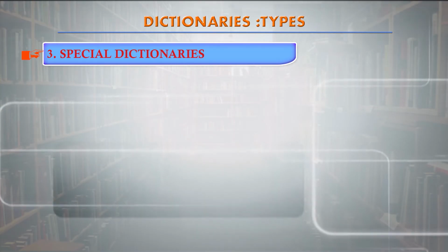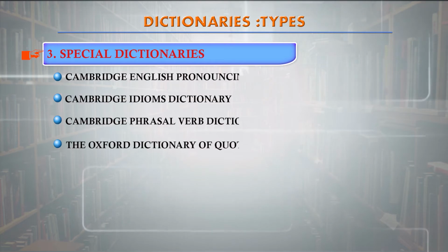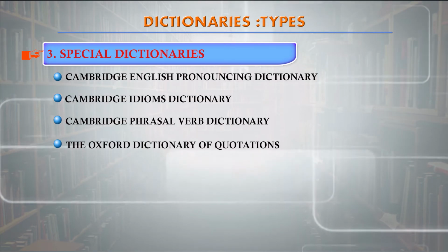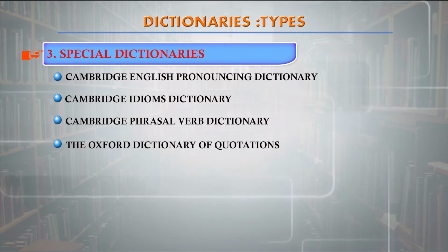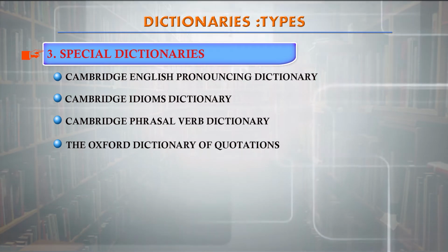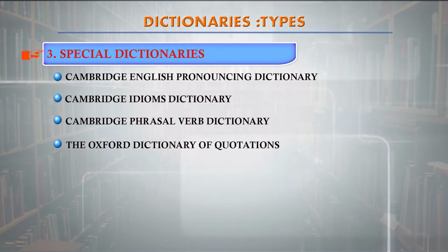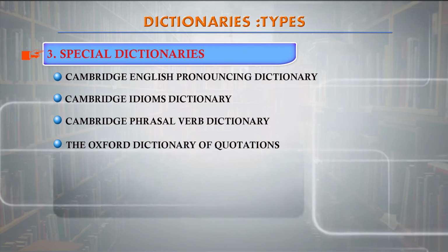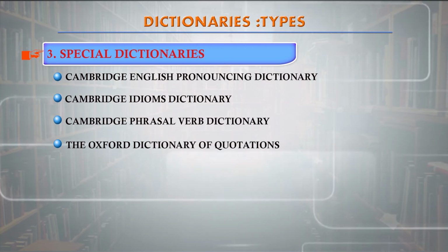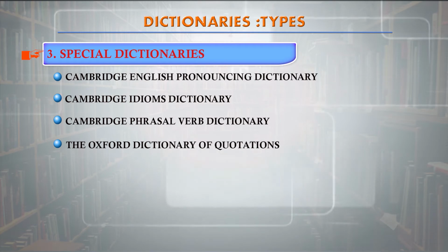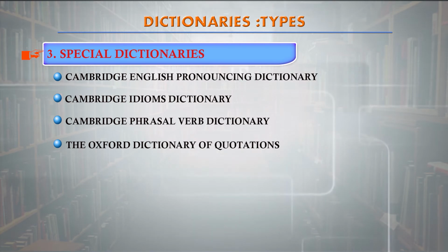Then comes the special dictionaries. Special dictionaries deal with some special aspect either of the language or any other specific aspect, like Cambridge English Pronunciation Dictionary, then Cambridge Idioms Dictionary, then Cambridge Phrasal Verb Dictionary, the Oxford Dictionary of Quotations.